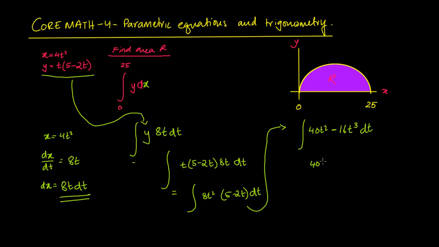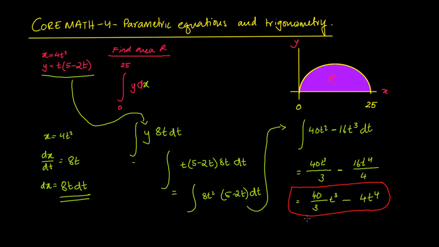So 40t cubed divided by 3 minus 16t to the power of 4 divided by 4, which will essentially equal 40, sorry, I think I made a little mistake over here. It should be 40 to the... oh sorry, it is right, sorry about that. 40 over 3 t cubed minus 4t to the power of 4. That is essentially the answer to our integration problem.